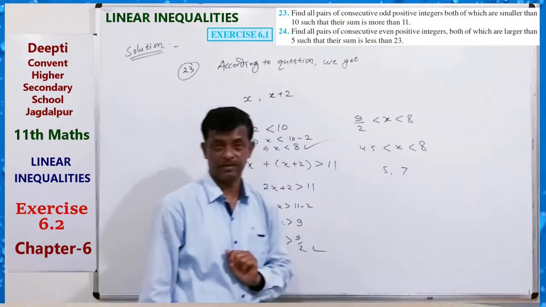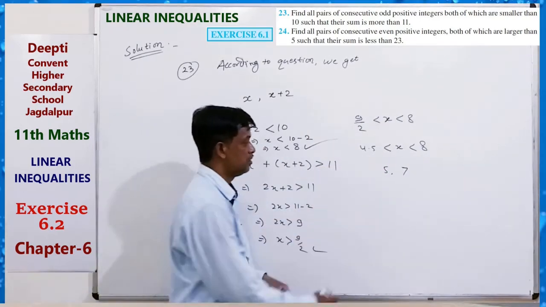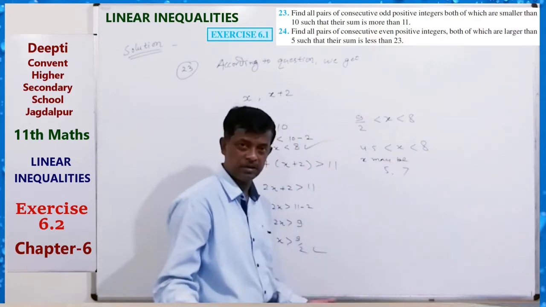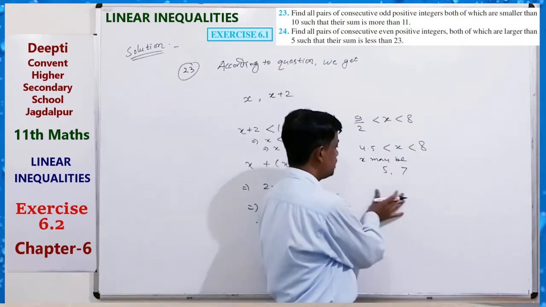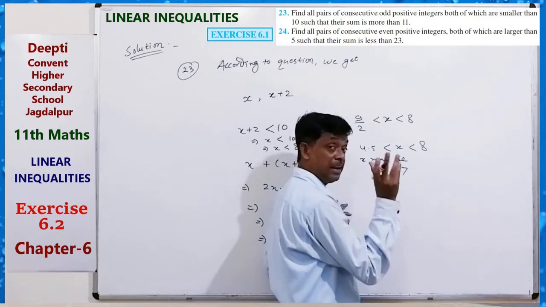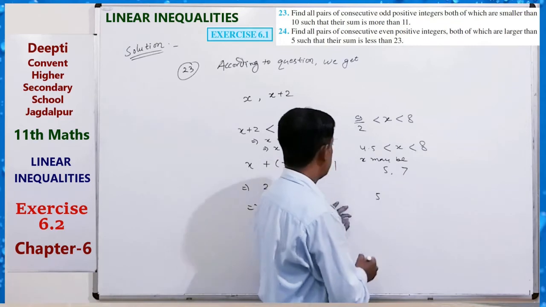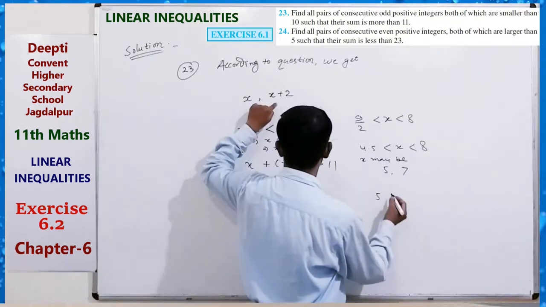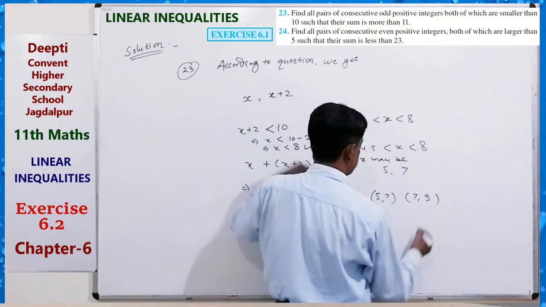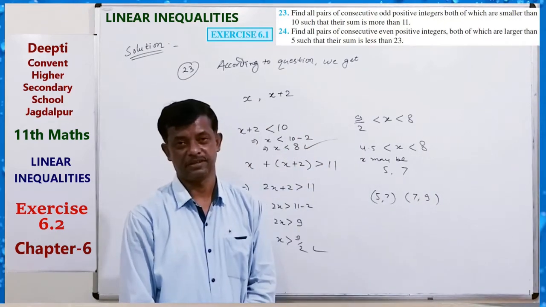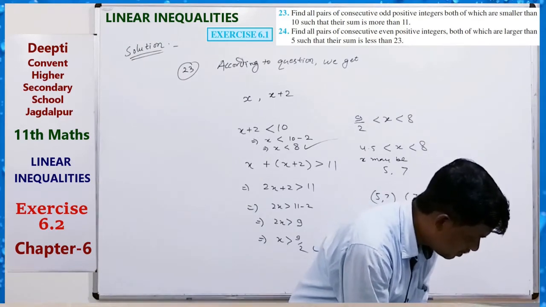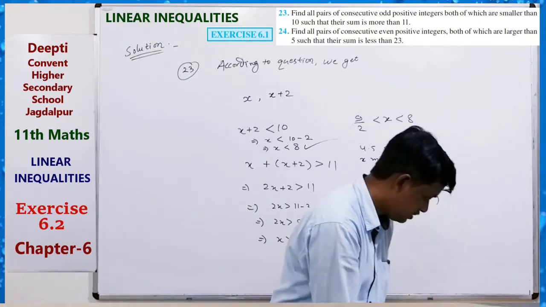So x may be 5 or 7. If x is 5, then the pair is 5 and 7. If x is 7, then the pair is 7 and 9. These are the pairs. So this is the solution of question 23: 5, 7 and 7, 9.